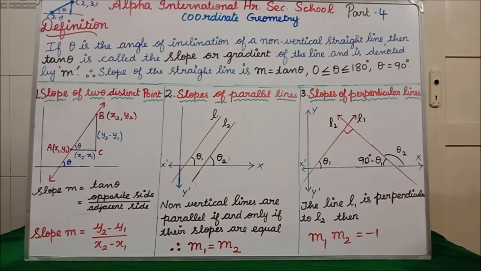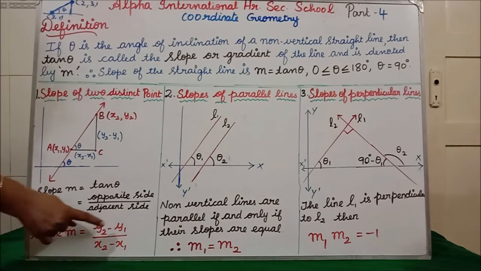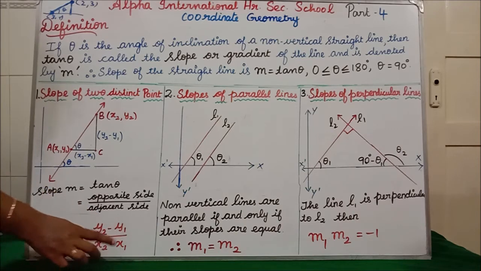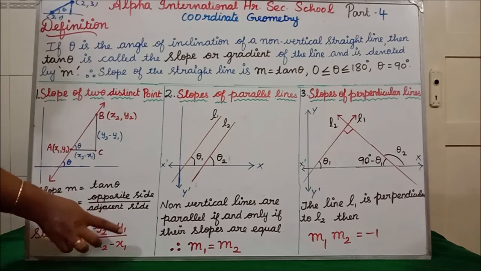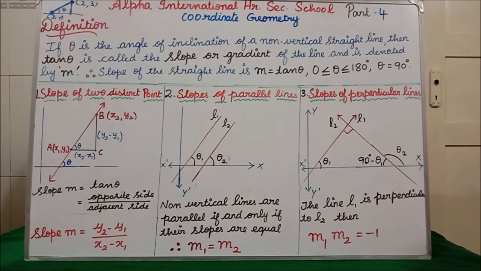Now whenever they ask to find the slope of two distinct points, you write slope m is equal to y2 minus y1 divided by x2 minus x1. Clear students? They will not ask you the derivation. That's all.